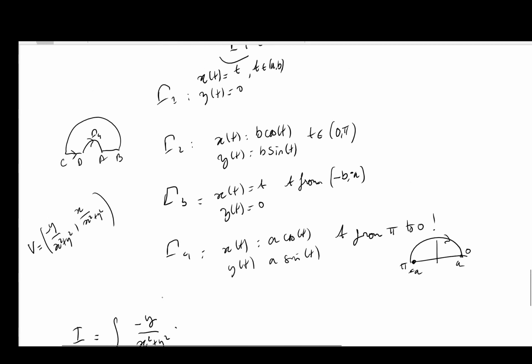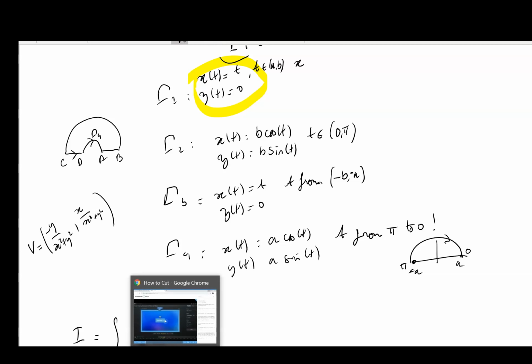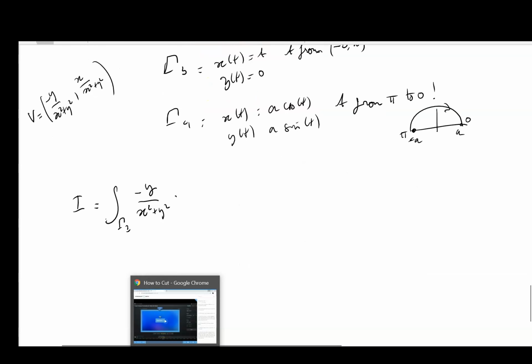Gamma 1, this is this description. So on gamma 1, I've got that x prime of t is 1 and y prime of t is 0. So times 1, which is the x prime of t, dt.